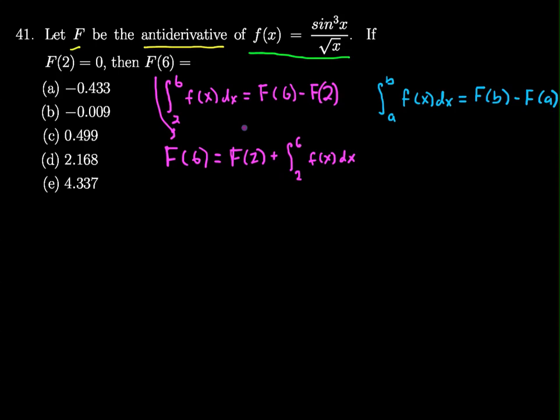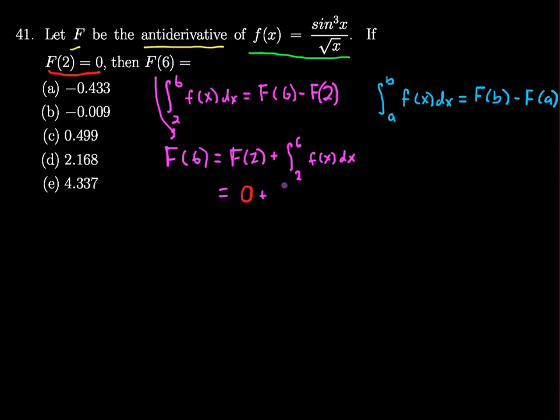Let me bring in some more information. I have this big F of 2, so I know this will be 0. That's part of the given.